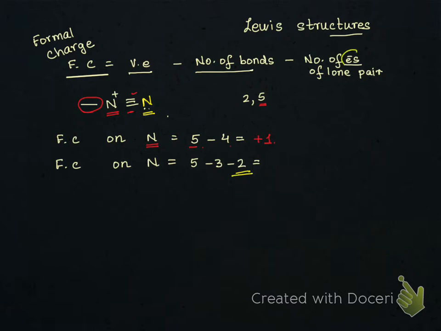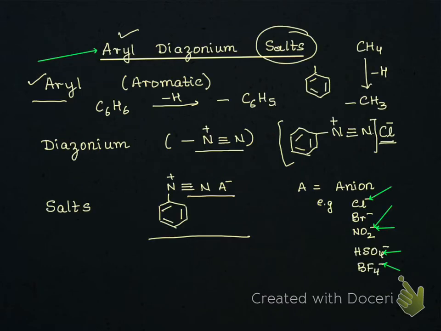Because here we have to take the number of electrons of the lone pair, not the number of lone pairs. So what value do we get here? Yes, we get a value of 0. So overall our diazonium group has a positive charge. And as we explained earlier, the positive charge is balanced by the negative charge of the anion. Right? Good so far?